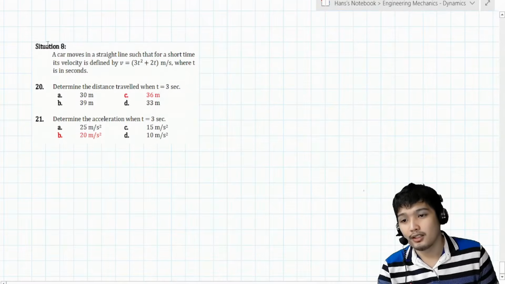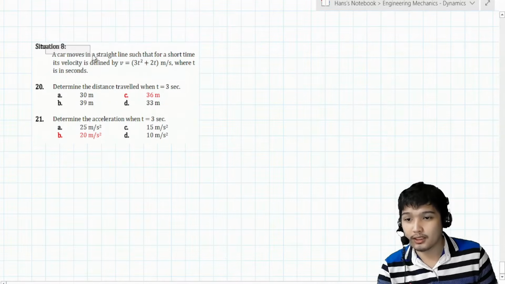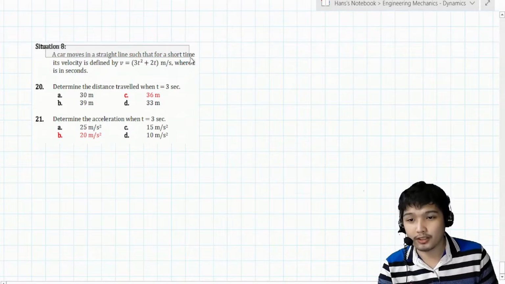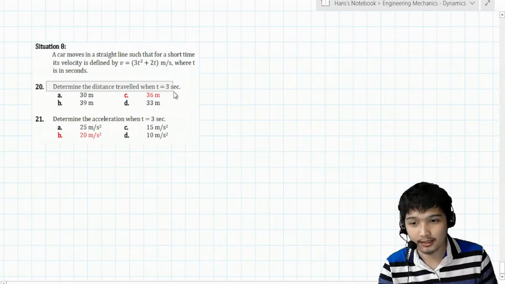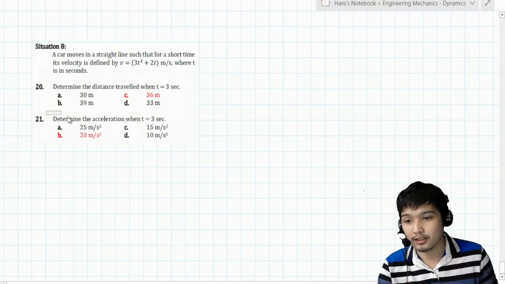So sabi dito, a car moves in a straight line such that for a short time its velocity is defined by v is equal to 3t squared plus 2t, where t is in seconds. So question is determine the distance traveled when t is equal to 3 seconds, and then determine the acceleration when t is equal to 3 seconds.